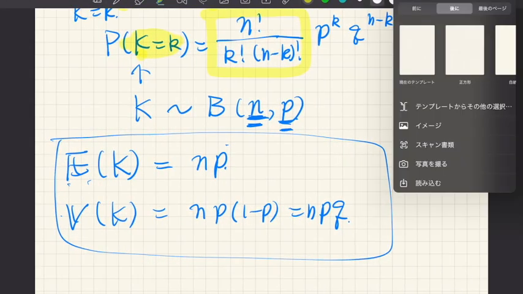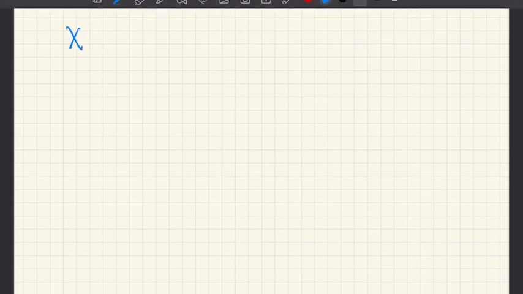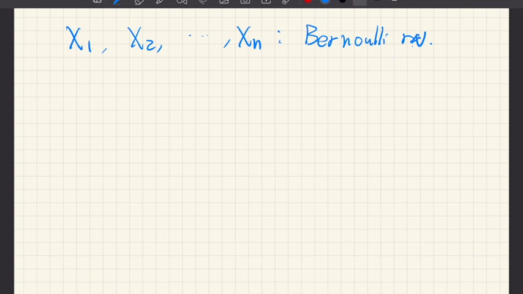So let's see. If we write x1, x2, up to xn as Bernoulli random variables, all of them follow the same Bernoulli distribution with parameter p.